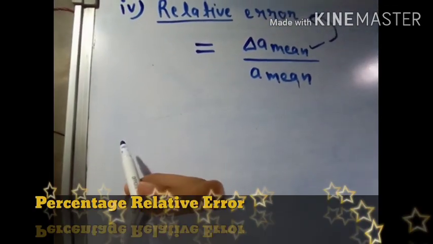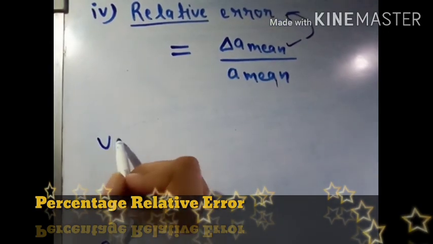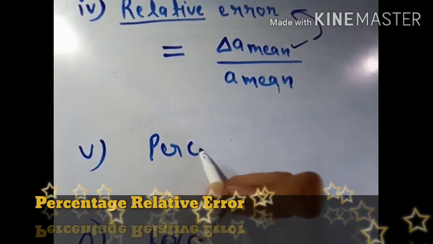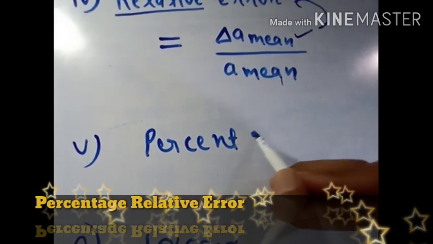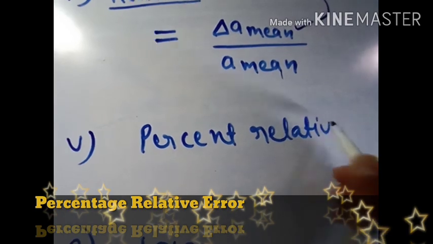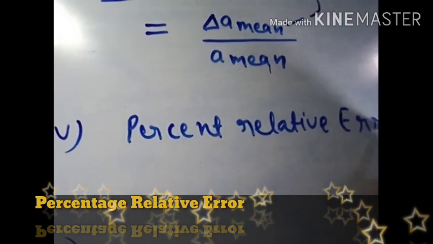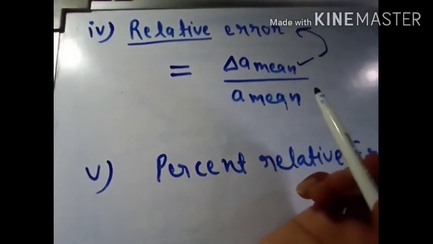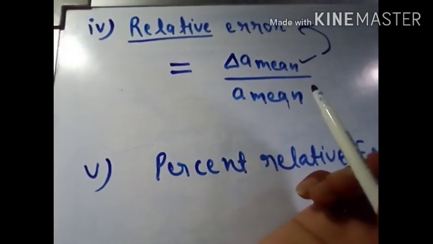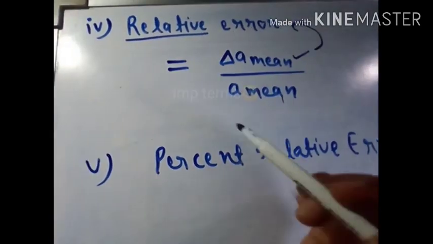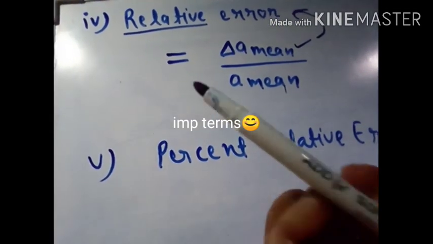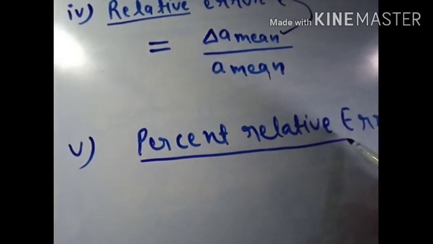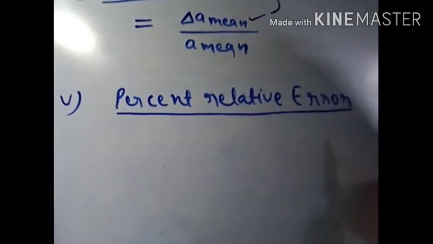Now the last one, the fifth one, is percent relative error. Both these terms are most used in your numerical problems because they are most significant for writing the error. Understand? Soon I will give you an example and you will understand better.